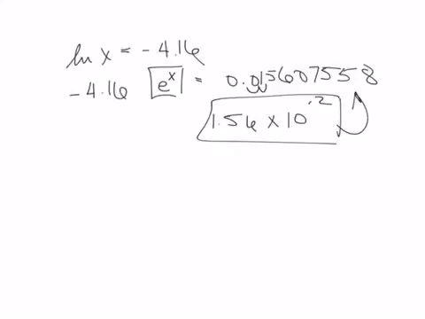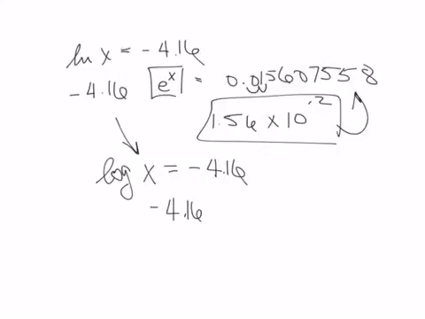Okay, let's look at D, where they give us the log of x equals negative 4.16. So we're looking for that. So we're going to use the anti-logarithm. So we're going to type in negative 4.16 and then hit our 10 to the x key.